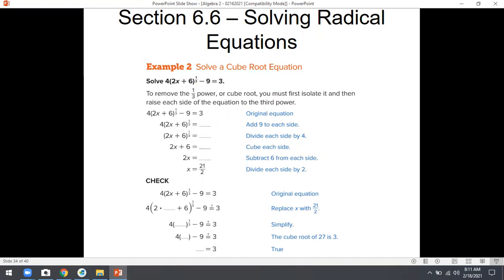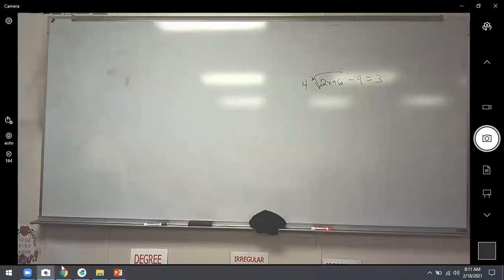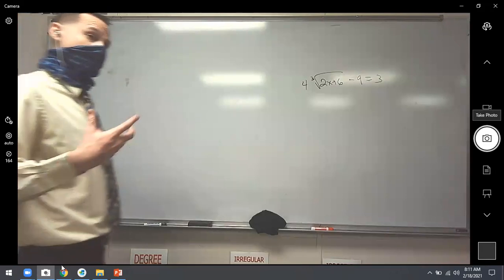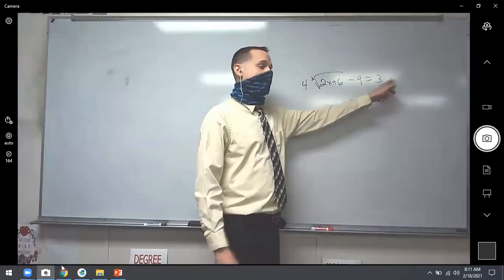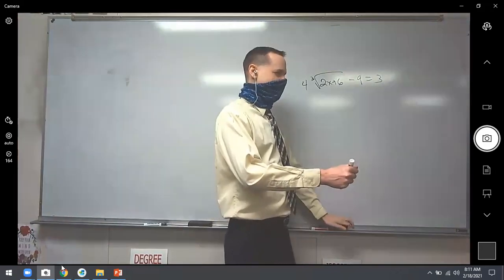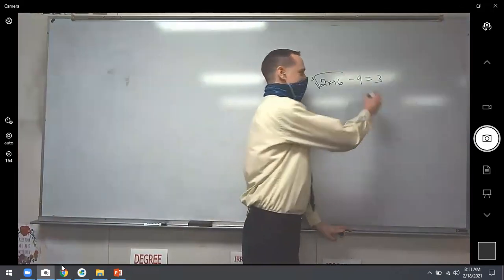All right, let's see if I can add this time. Well, here's our equation. Write it down. Change the third power into a cubic root. And again, first step is get the root by itself. So this 9, we're going to add over. 3 plus 9 is 12, right?